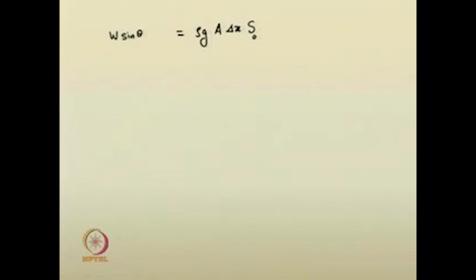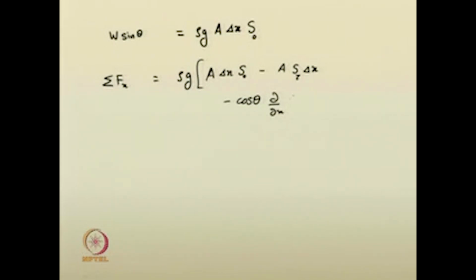So, therefore, your sigma Fx is nothing but rho g into A del x S naught minus A into S f del x minus cos theta dou by dou x of A y bar into del x.